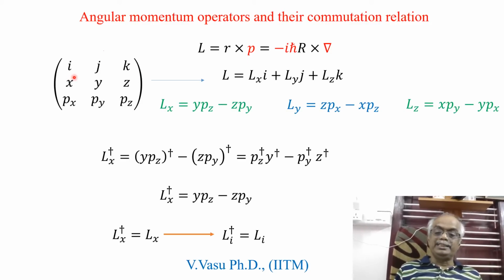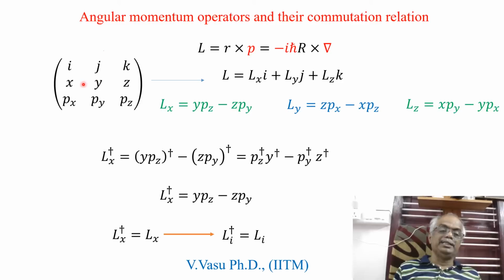Now you can write this in the matrix form: i, j, k; x, y, z; px, py, pz.